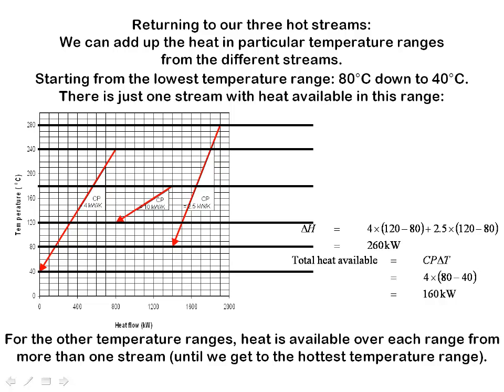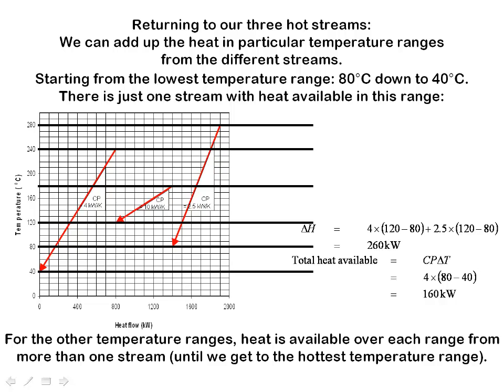So that again is giving up 4 times 40, which is 160. The third stream has a flowing heat capacity of 2.5. Again, a temperature change of 40 degrees. 2.5 times 40 is 100. Adding 160 and 100 together gives us 260 kilowatts altogether of heat available in that temperature range.